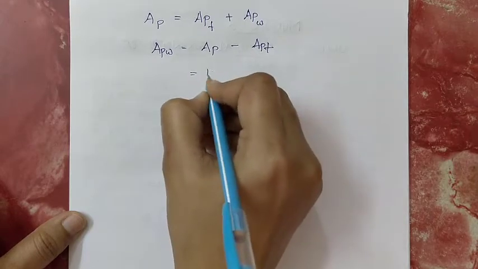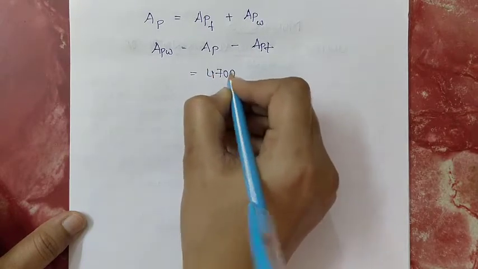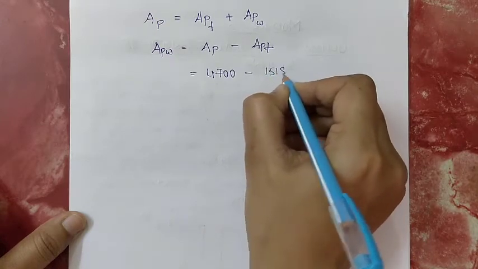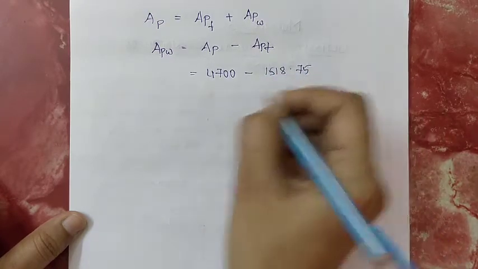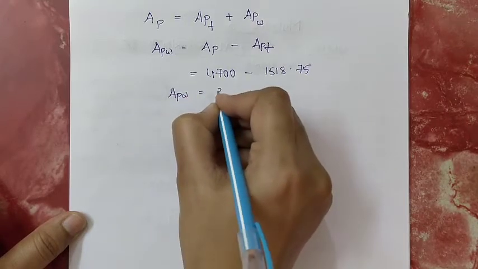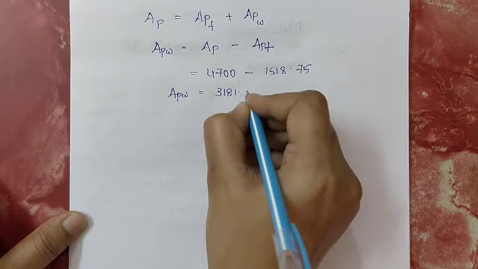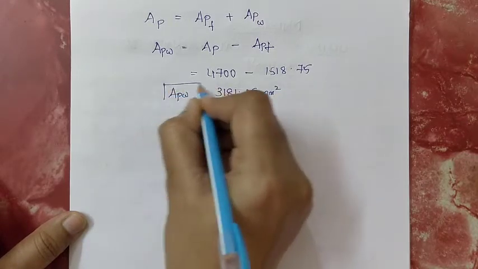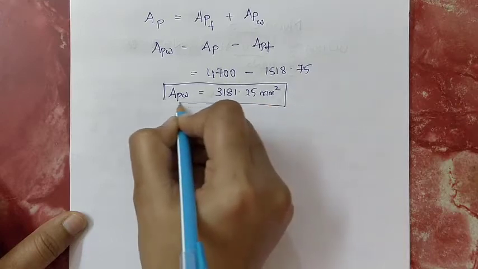Substitute the value. AP they have given 4700 in the problem. APF you have calculated, 1518.75. Then APW will be equal to 3181.25 mm square. This is your APW.